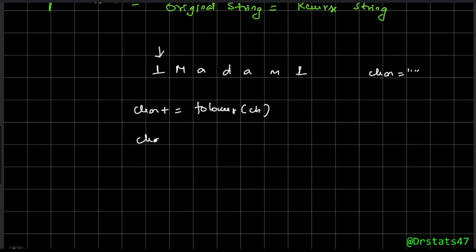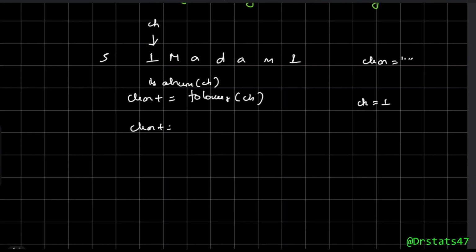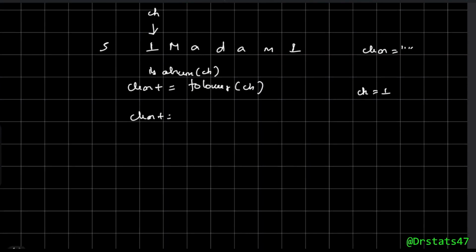First, in clean, we check isalnum of ch. Here this is the ch. Let's name this string s. Say ch is equal to 1. Yes, 1 is added into clean because it is alphanumeric and it is in lowercase.